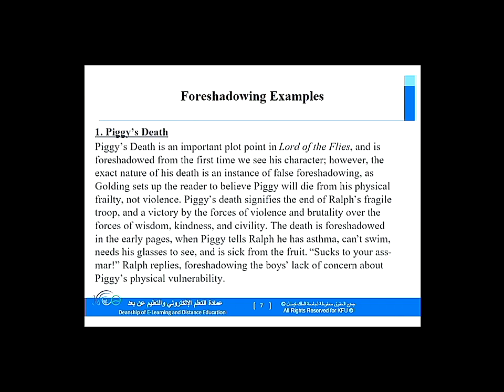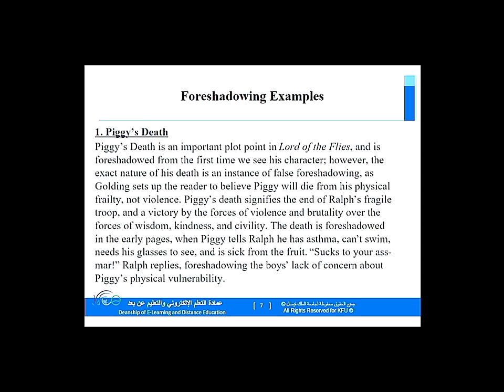Piggy's death. Piggy's death is an important plot point in Lord of the Flies and is foreshadowed from the first time we see his character. However, the exact nature of his death is an instance of false foreshadowing, as Golding sets up the reader to believe Piggy will die from his physical frailty, not violence, right?